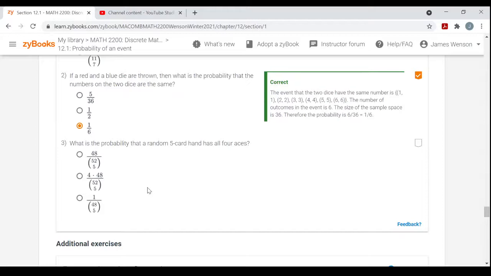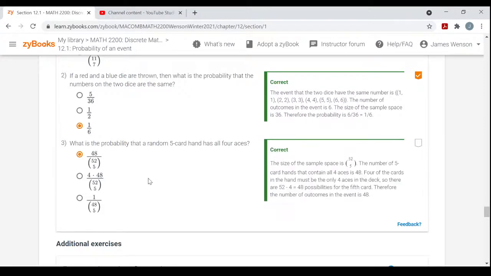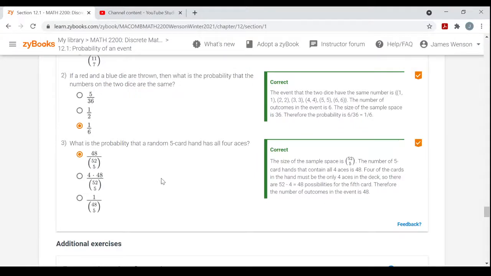This is exactly like the question with the 4 jacks earlier. You have all 4 aces, and then some other card. There are 48 other cards, so you'd have 48 choices. There are 48 different hands in which you could have 4 aces, so the numerator would be 48.